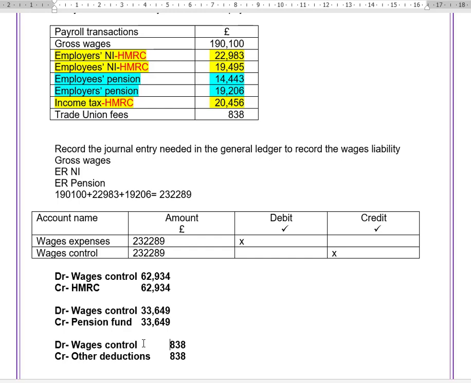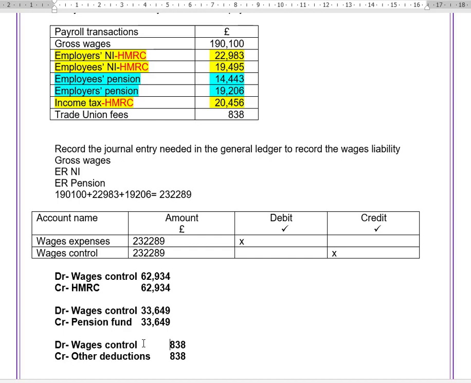The next thing, of course, is to pay what you owe. You pay the staff members, you pay the pension company, you pay HMRC, and you pay other deductions. Anything that has to do with payment, you have to credit the bank account and then debit the relevant corresponding entry account.